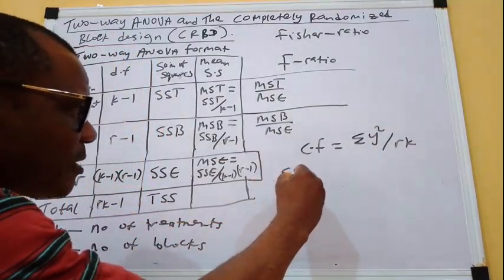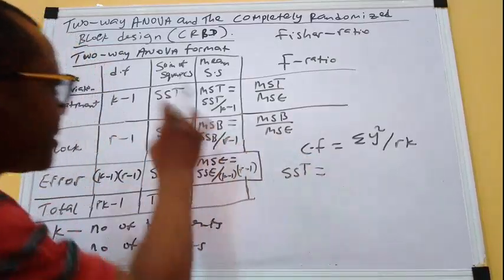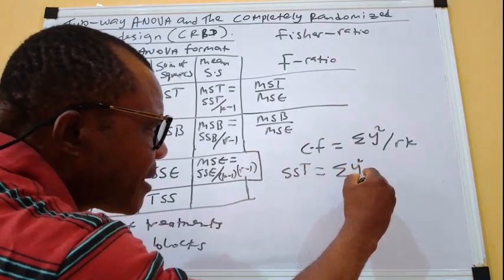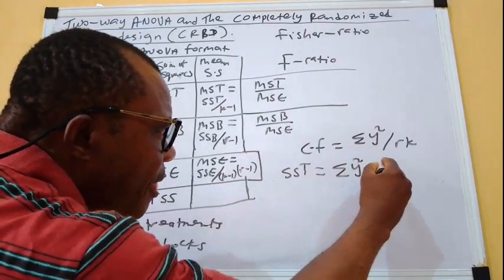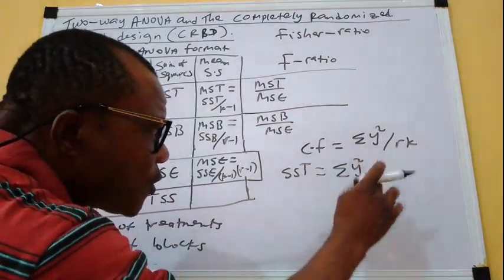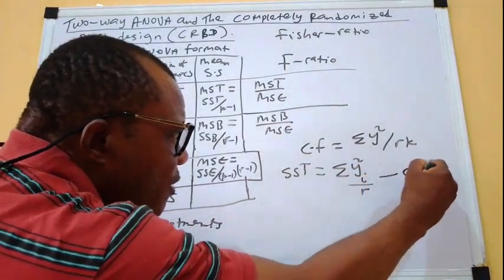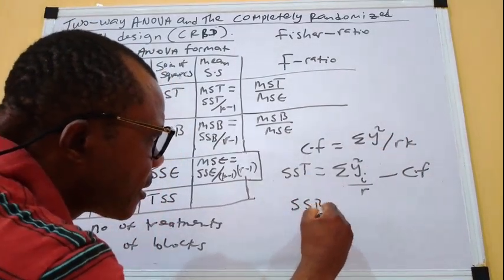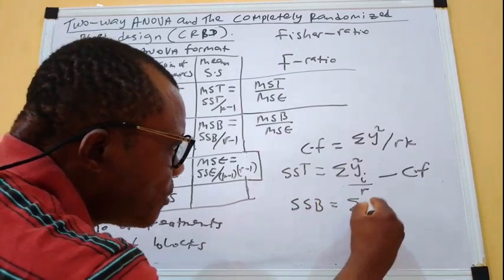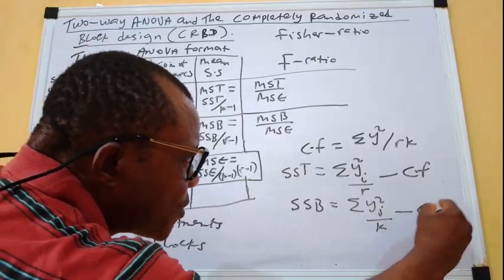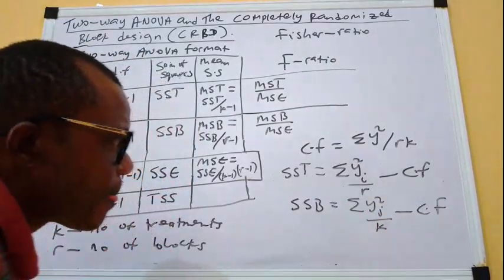Then our sum of square for treatment will be summation y square I all over R, minus the correction factor. Then our sum of square for block will be equal to summation y square j all over k minus the correction factor.